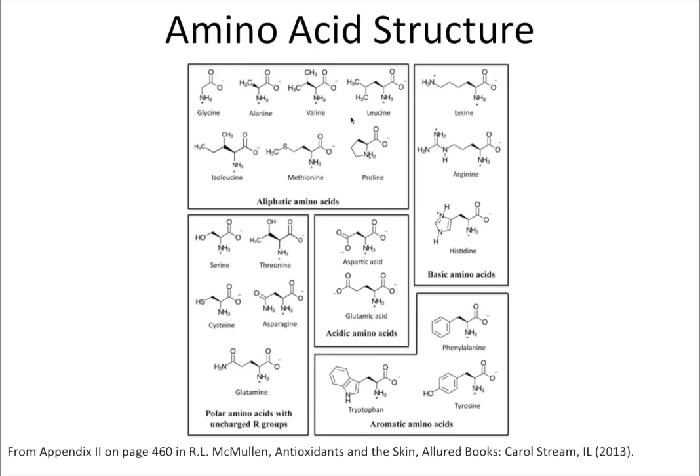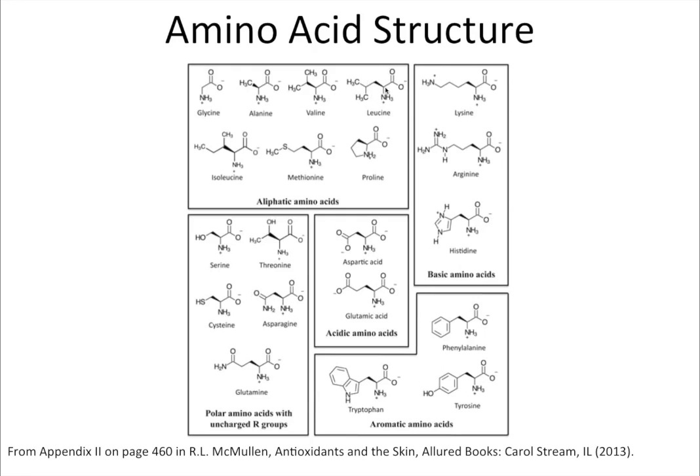The structures become a little bit more complex and actually a little bit more aliphatic, which means, when you talk about aliphatic chains, you're talking about long alkyl type chains, and they're sort of things that interact in hydrophobic environments.